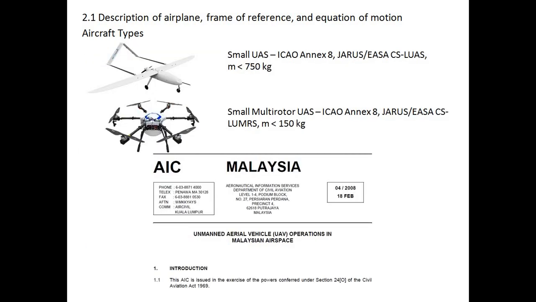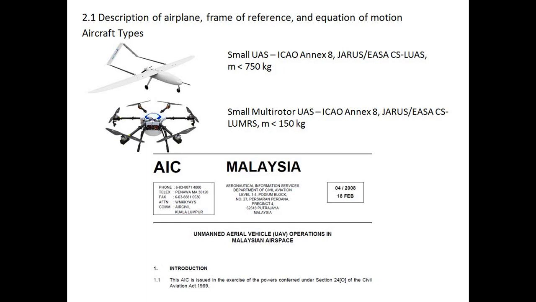There are also regulations for unmanned aircraft: for small unmanned aerial system, fixed wing, under CS-LUAS for mass less than 750 kilogram, and small multi-rotor UAS, CS-LUMRS for mass less than 150 kilogram.